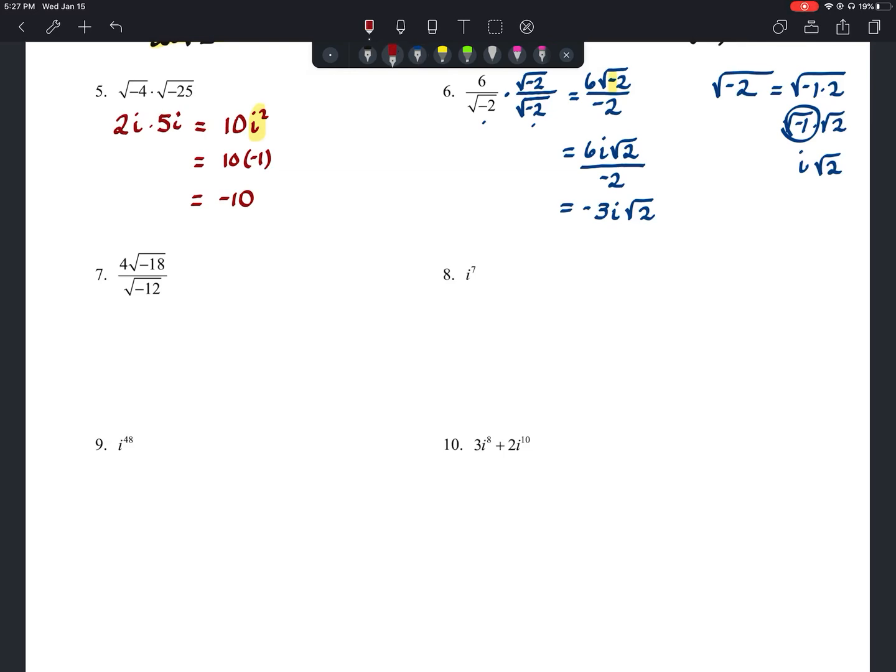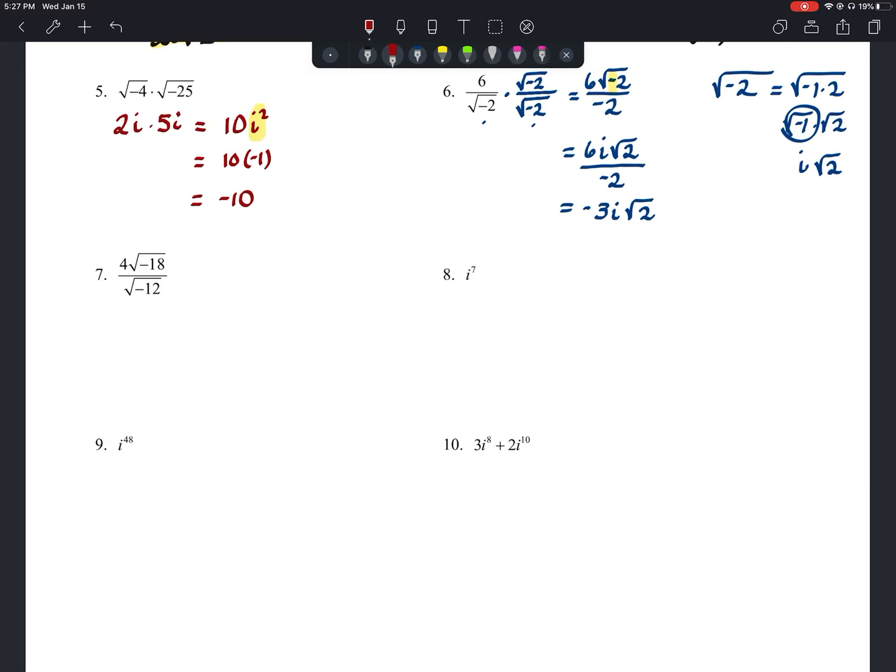Ooh, now we have fractions and we have the square roots of negatives in the top and the bottom. So here we go. We could try to rationalize the denominators first, or we could get rid of the square root of the negative at the beginning. Let's try that on this one since we did it the other way on number 6.